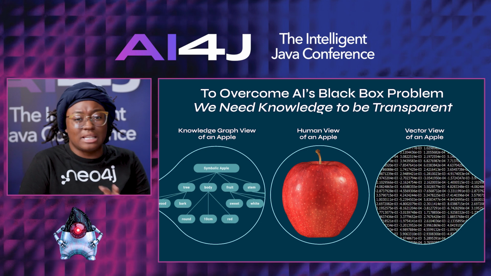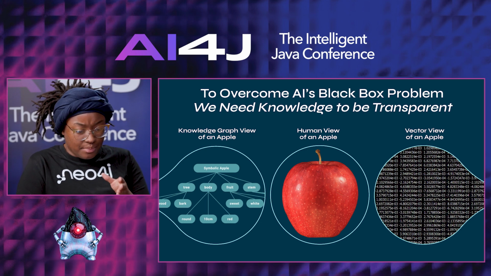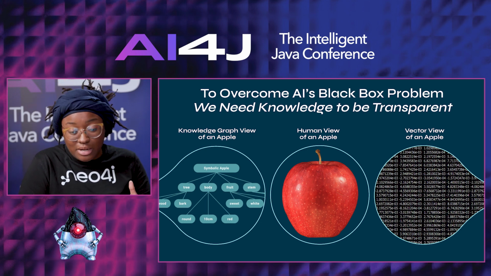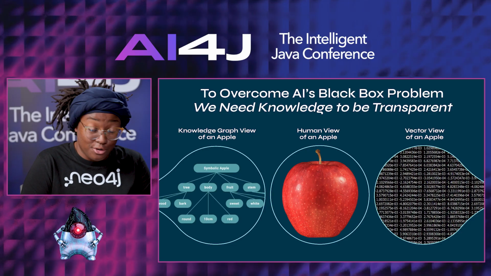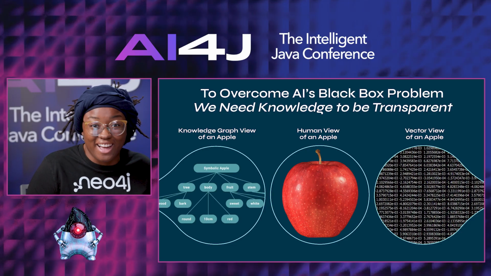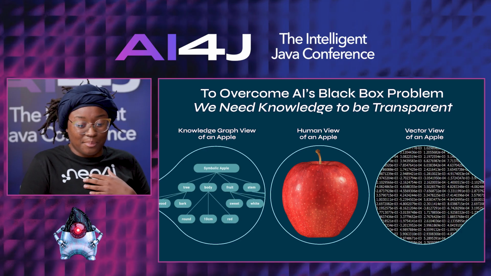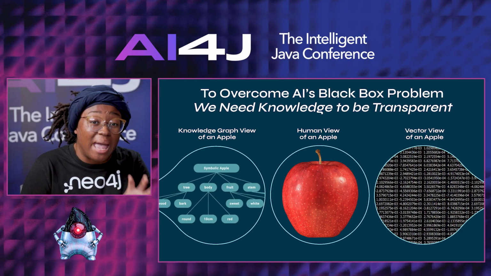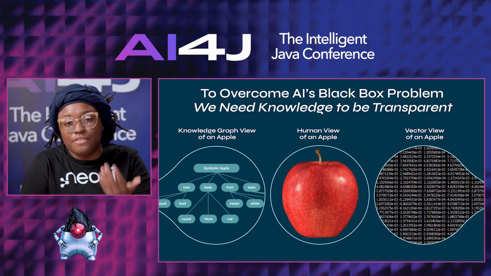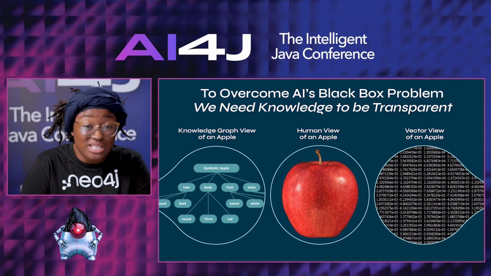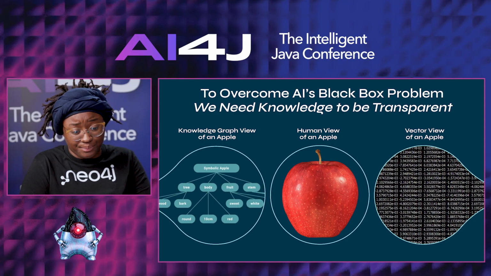This includes a series of different numbers. These numbers are not really human readable or understandable. I don't know if you've memorized the vector representation of an apple. I definitely have not. But it's very opaque. The data is not very human readable. You can't really understand it unless you are a computer.